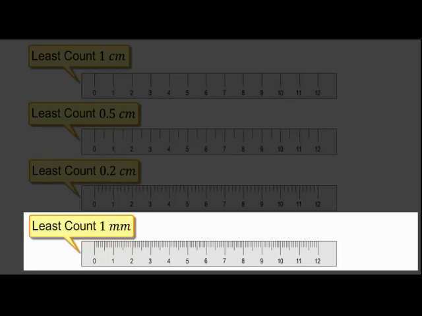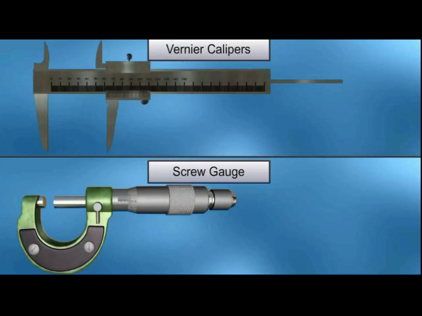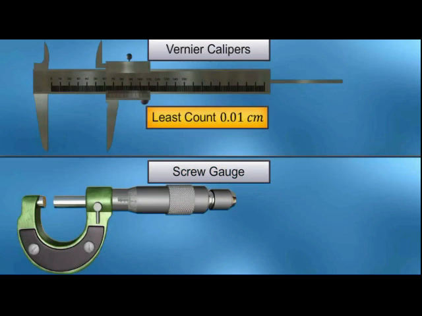In academic laboratories, the general equipment used to measure length is a Vernier calipers and a screw gauge. The least count error in a Vernier calipers is 0.01 centimeter and for a screw gauge is 0.001 centimeter.